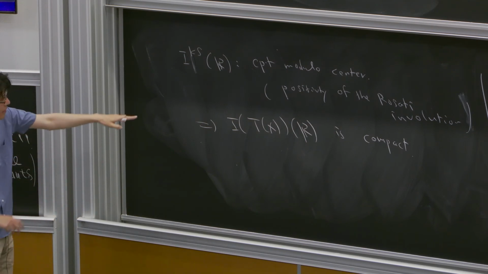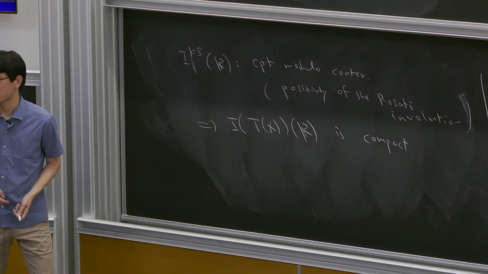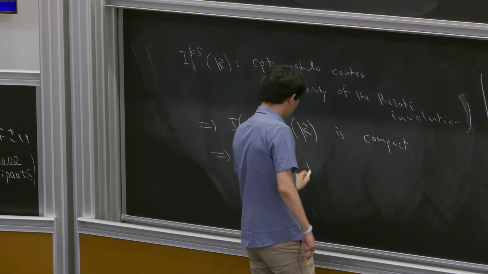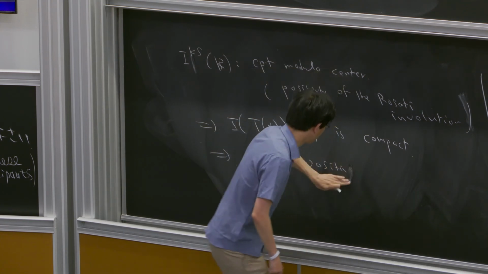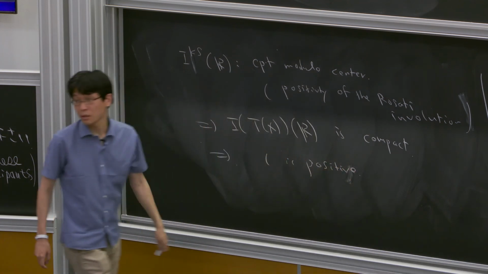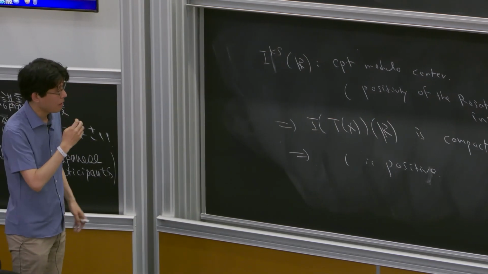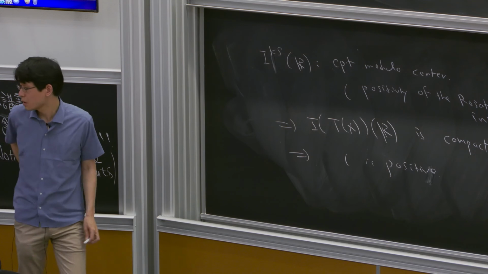But this compactness is equivalent to the positivity of the involution. So this is a rough outline of the proof of the Hodge standard conjecture.